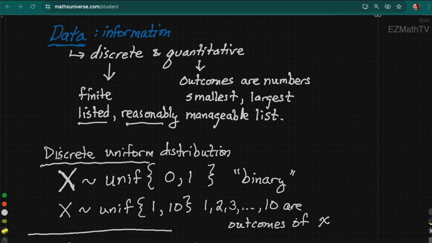Then we use this squiggly line to represent what we want capital X to represent. Like what does it actually come from? What kind of population or what kind of pattern does it come from? So the squiggly line just means that X is approximately uniform. UNIF is uniform. And then we use curly braces.